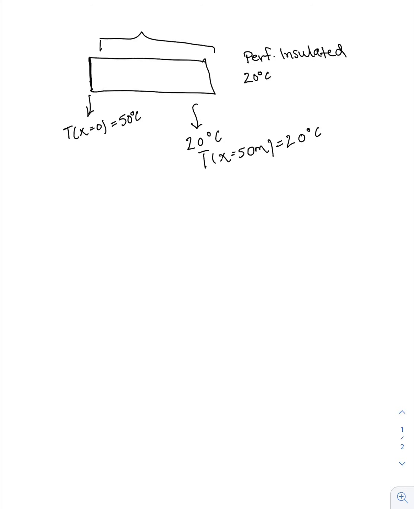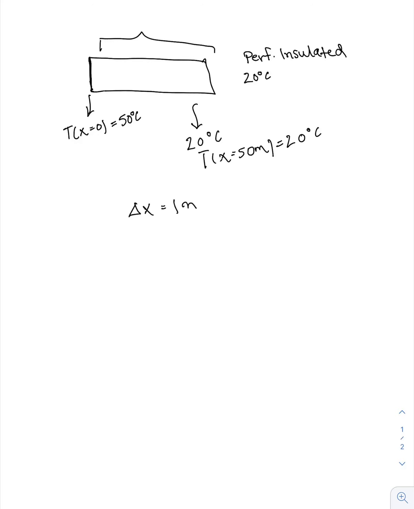Okay, and so we want to analyze the temperature of the bar over time and throughout the bar. The way we're going to analyze it is by splitting up the bar into 50 different segments of position, and each position segment, delta x, will be 1 meter long, so 50 segments for the entire length of the bar.